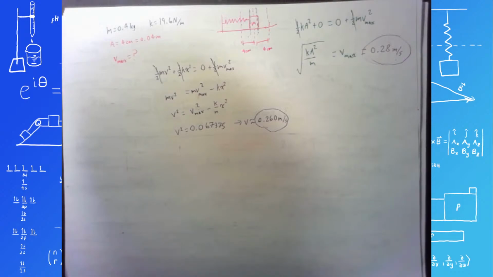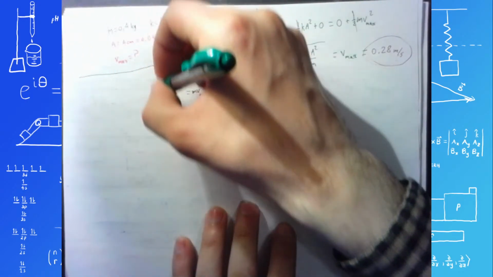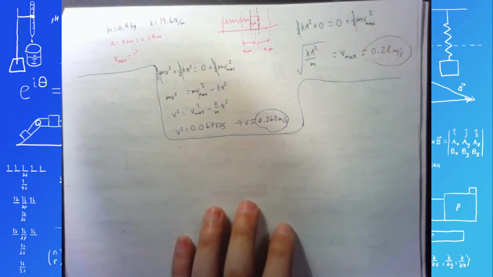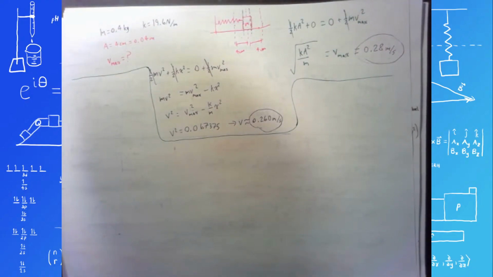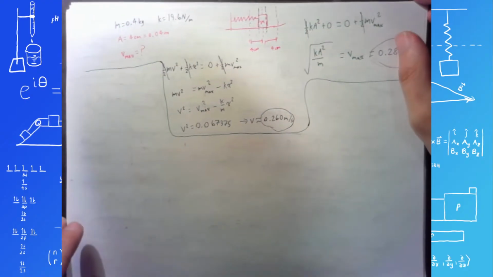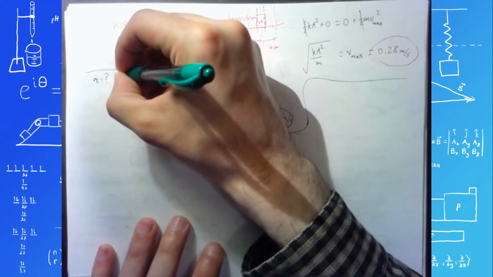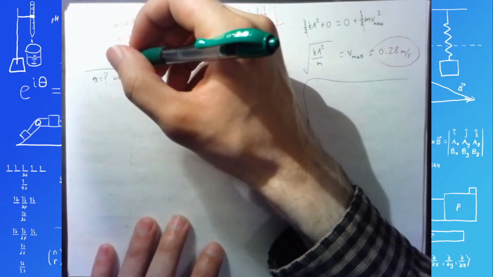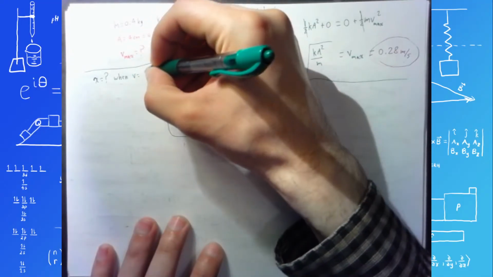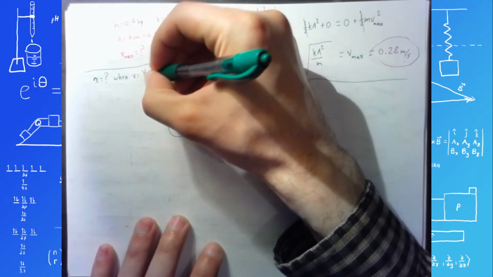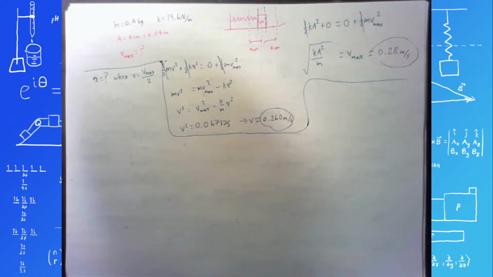This is just more of what we did in the previous problem. x equals question mark when v equals v max over 2. What is it going to be? For this, we don't even need any of the numbers they gave us. We can just give some sort of general formula.